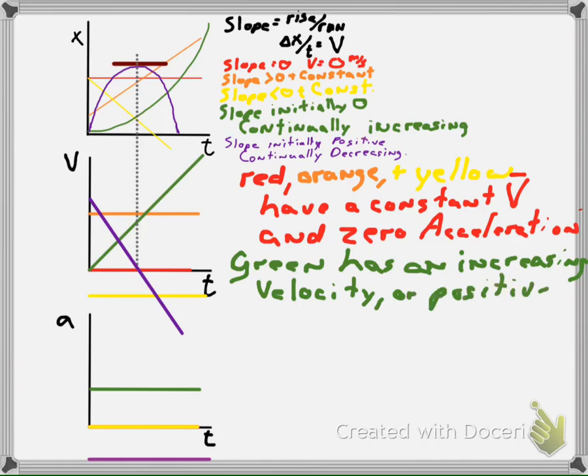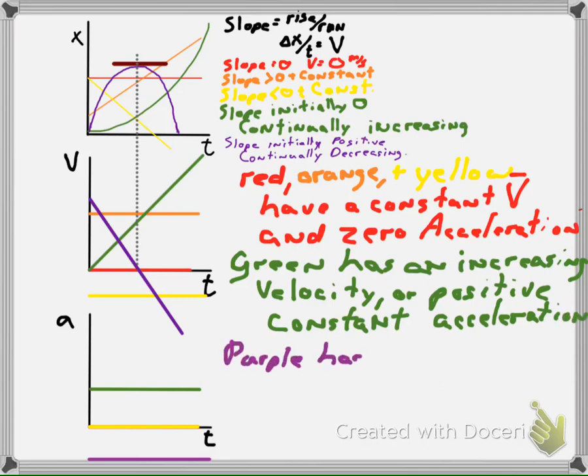So what we're going to do is talk about acceleration. Turns out that where slope is rise over run on a position time graph, what that means is slope is equal to velocity. But if we do the same thing on a velocity time graph, on our second graph down, slope is equal to acceleration.